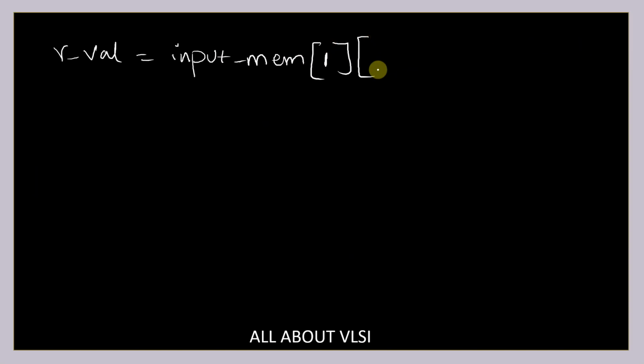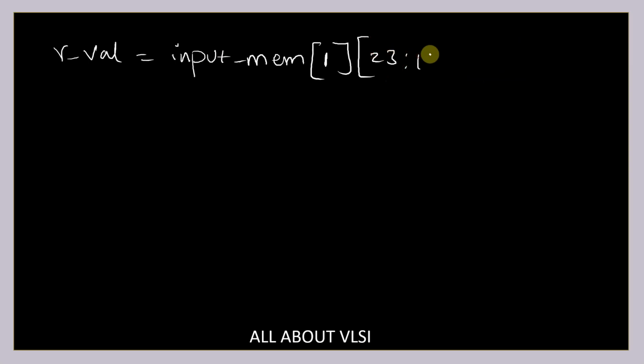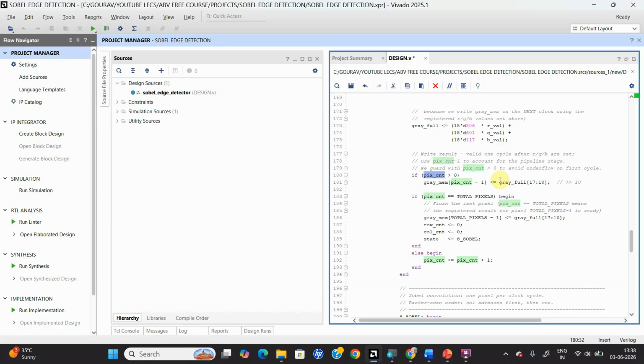That means I'm going to the first location, and again 23 down to 16, and input underscore mem 1 of 15 down to 8, and 2 of 7 down to 0. Like this, I'm having the first location pixel information. So from this code, I'm incrementing it.